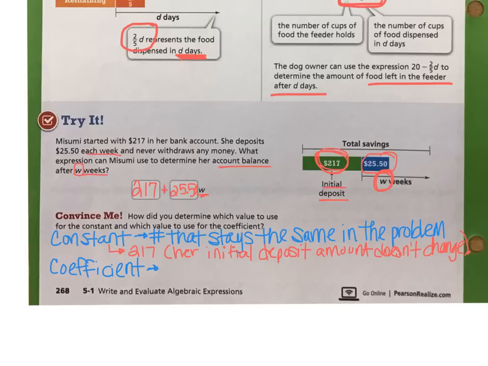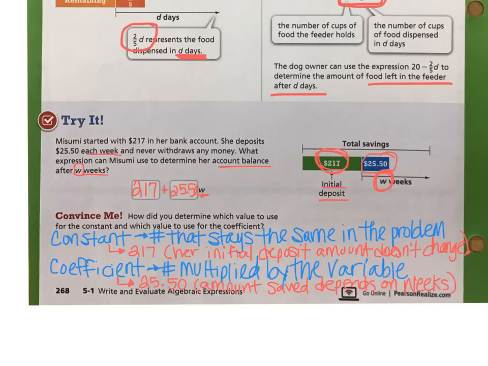If it stays the same, then it is a constant value. 217, which is Misumi's initial deposit into her bank account, is the constant value. No matter what, she put $217 in her account. That amount does not change. What changes in this problem is her total savings.